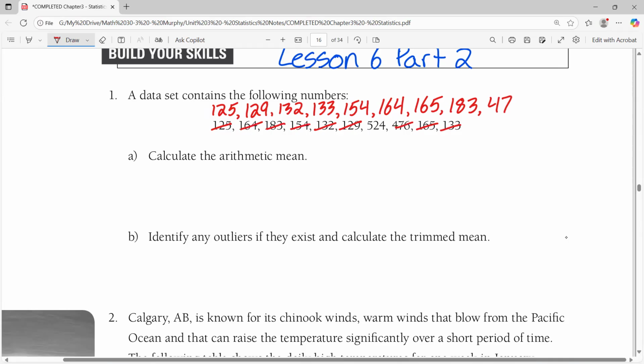Okay, that's a big jump. And 524. That's a big jump.